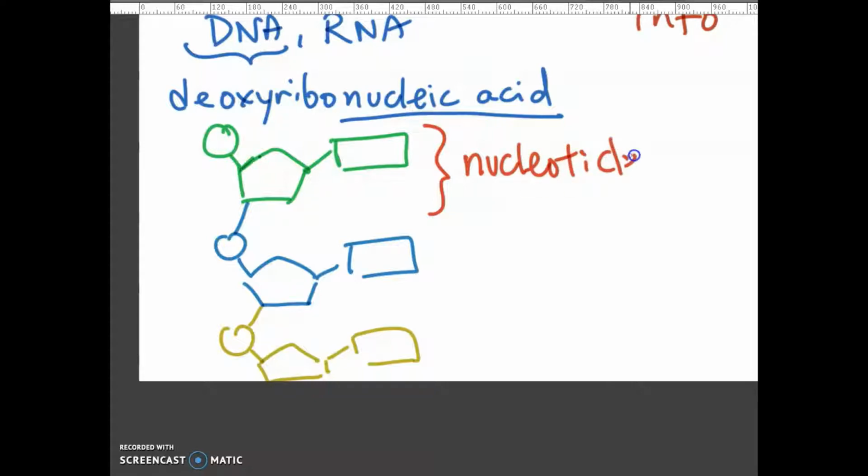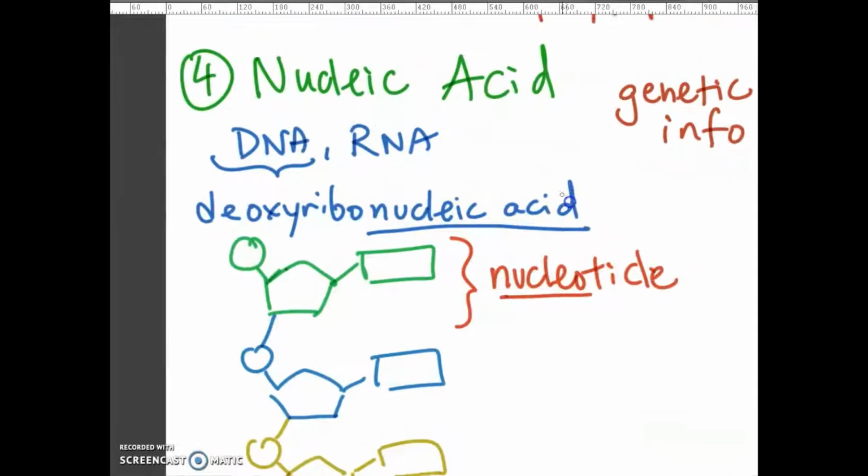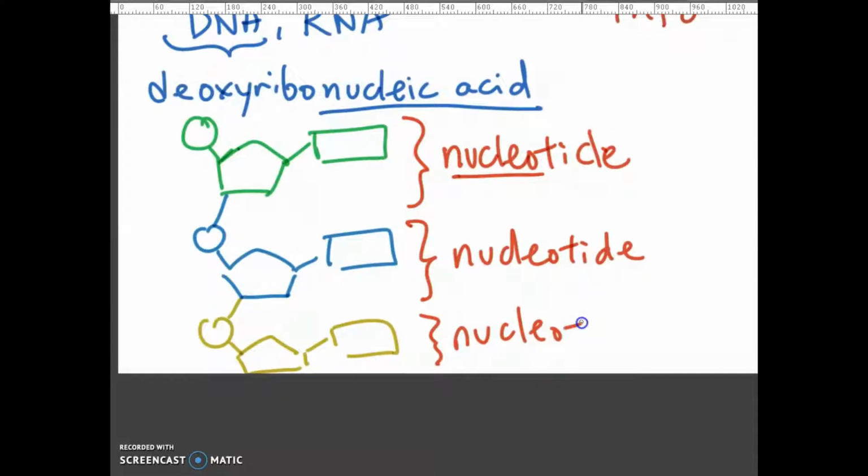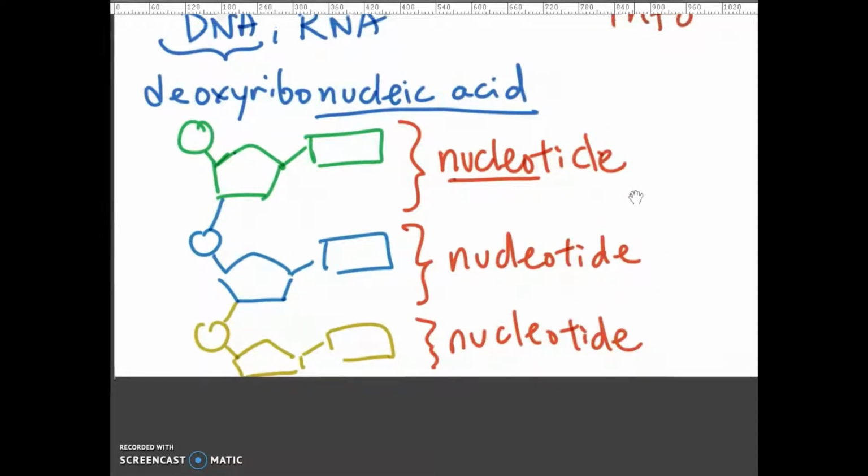This one's a little bit easier to remember because nucleotide has nuclei in it, same with nucleic acid. So that's one nucleotide, this is one nucleotide, and the bottom one is one as well. And together, they make a DNA or an RNA molecule.